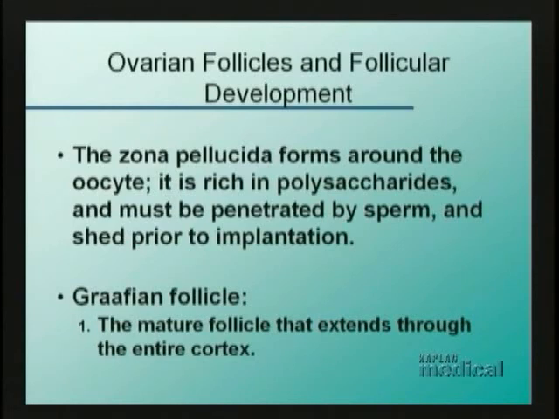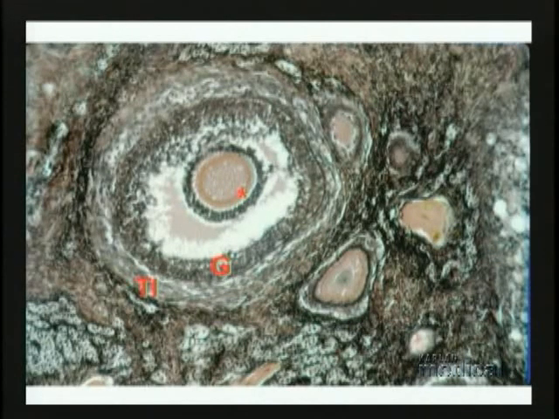A Graafian follicle is a definition of a secondary follicle that is about to be ovulated, and this follicle is large enough such that it extends to the entire cortex, and its structure is illustrated in the micrograph on the next page. You can see in the center of the follicle the actual secondary oocyte. It's surrounded by its corona radiata cells.